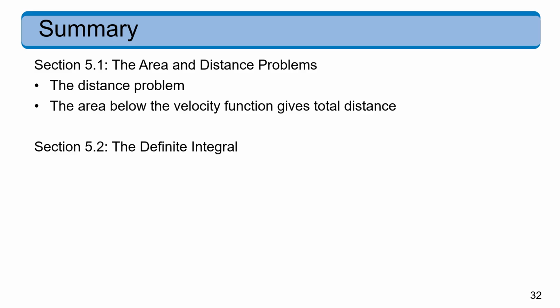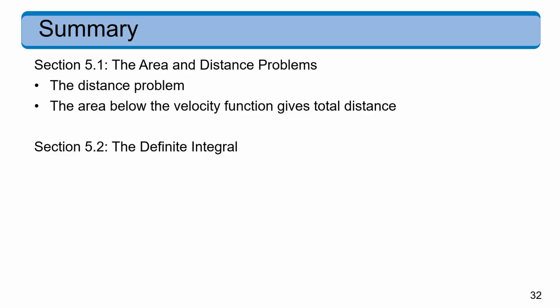And one of the main conclusions we found from that was that if you graph the velocity function, the area below the velocity function over your given time interval, that area represents the total distance traveled.